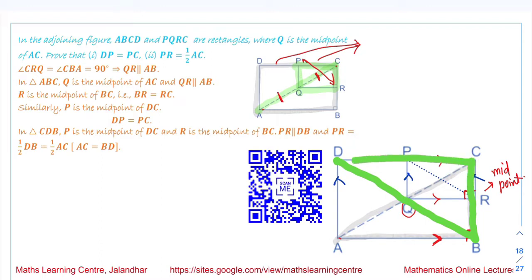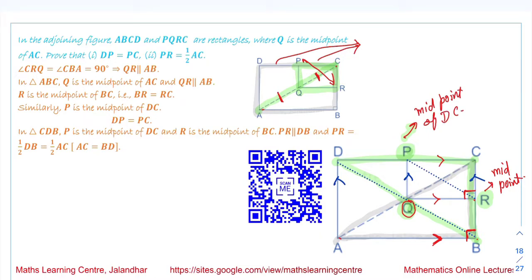We are talking about these two lines, QP and BC, which are parallel lines. Q is the midpoint of BD. So what we get is that P is the midpoint of DC.